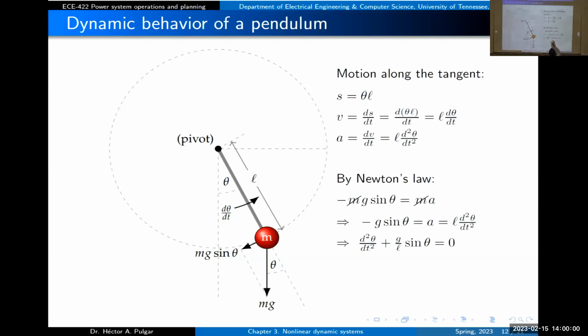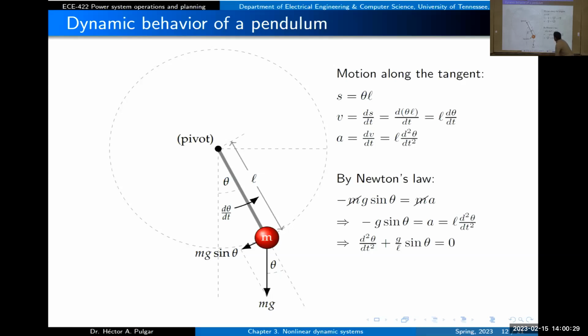Yeah? So basically in this equation, because we have not added anything else, what do you think, by looking at this equation, will be the dynamic behavior of this pendulum? We just have the second derivative of theta in time, plus a term that is going to be proportional to sine of theta, and that is equal to 0.